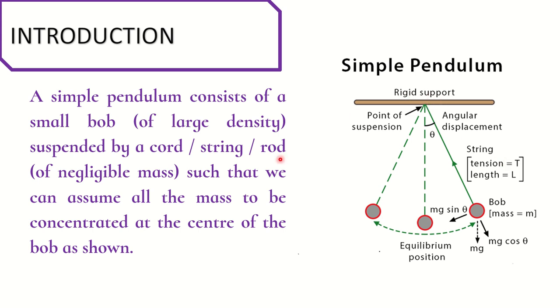And so the assumption is that the mass of this pendulum is concentrated at the center of this pendulum bulb. This is a pendulum bulb, and the assumption is that the mass is concentrated here. And we assume that this string or cord has a negligible mass.